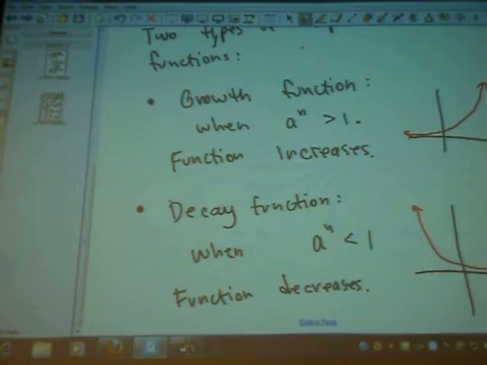Now let's talk about graphing these things on the calculator. You really have to be careful about your parentheses on the calculator, whether you're graphing or if you're just calculating.